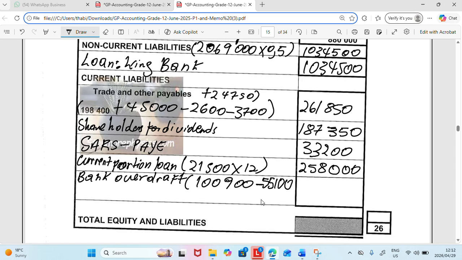Okay, so what else do we need to do, guys? I think we bought shares, the repurchase of shares. The repurchase of shares, which means the amount that we owe to the bank must be increased because we are spending more money to repurchase shares.